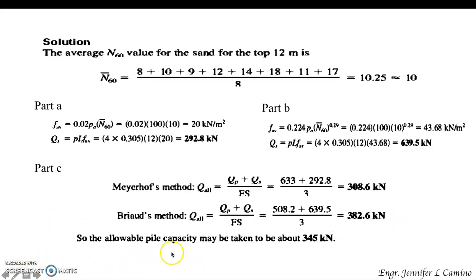Therefore, the allowable pile capacity can be taken to be 345 kilonewton. You get the average of this: 308.6 plus 382.6 divided by 2, you get 345 kilonewton.